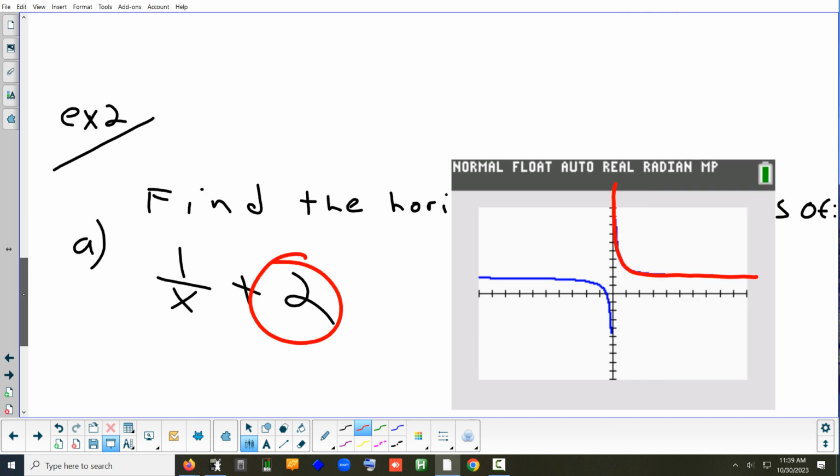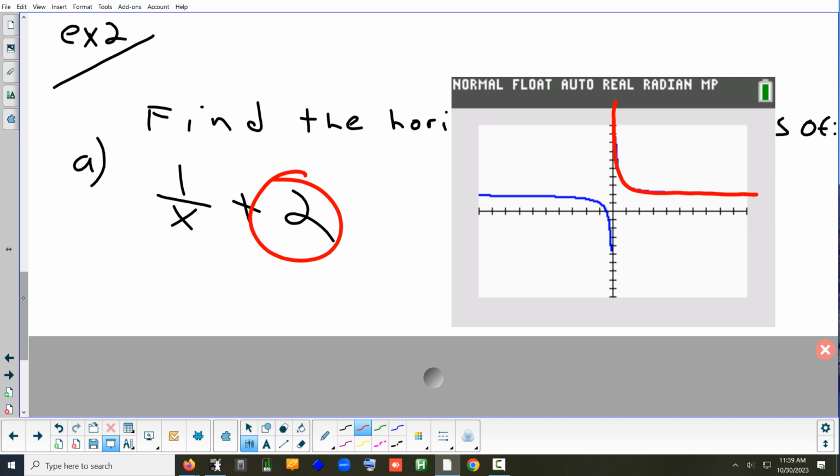So when we write the equation, since this is a horizontal line, what letter do we start with? Y equals, and what number is the asymptote? 2. Yep. That's the equation of the horizontal asymptote.